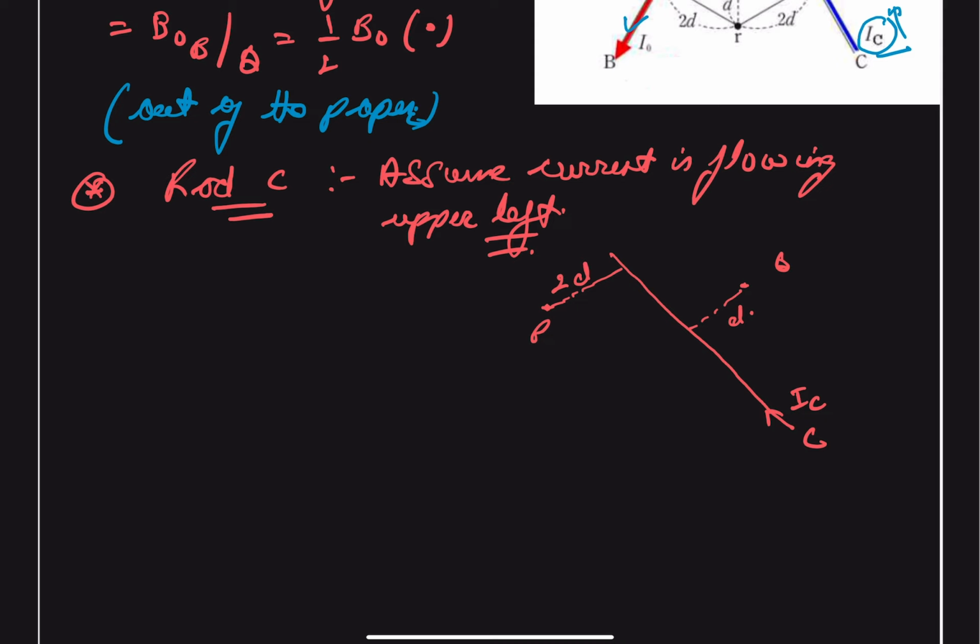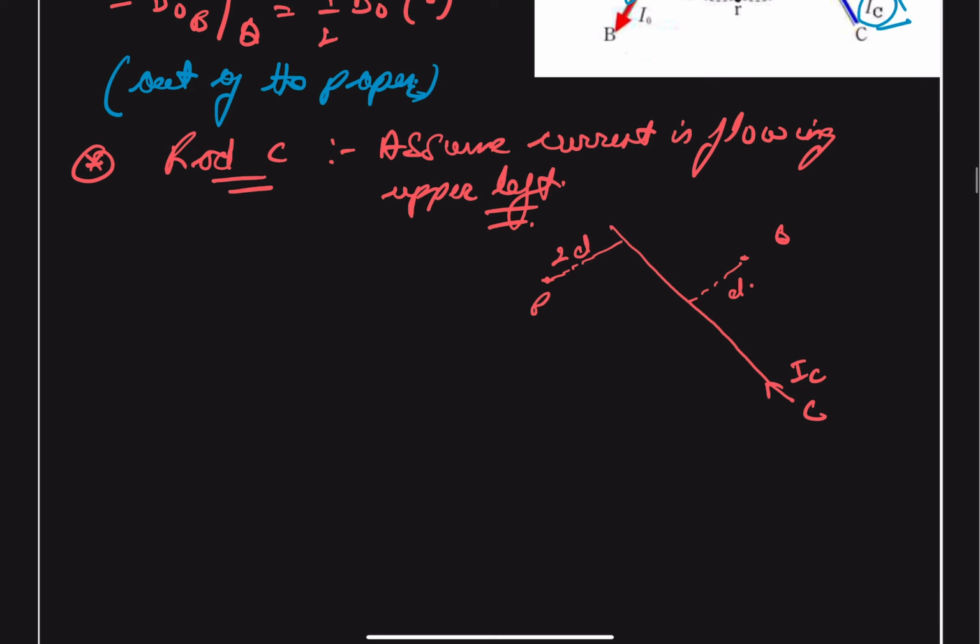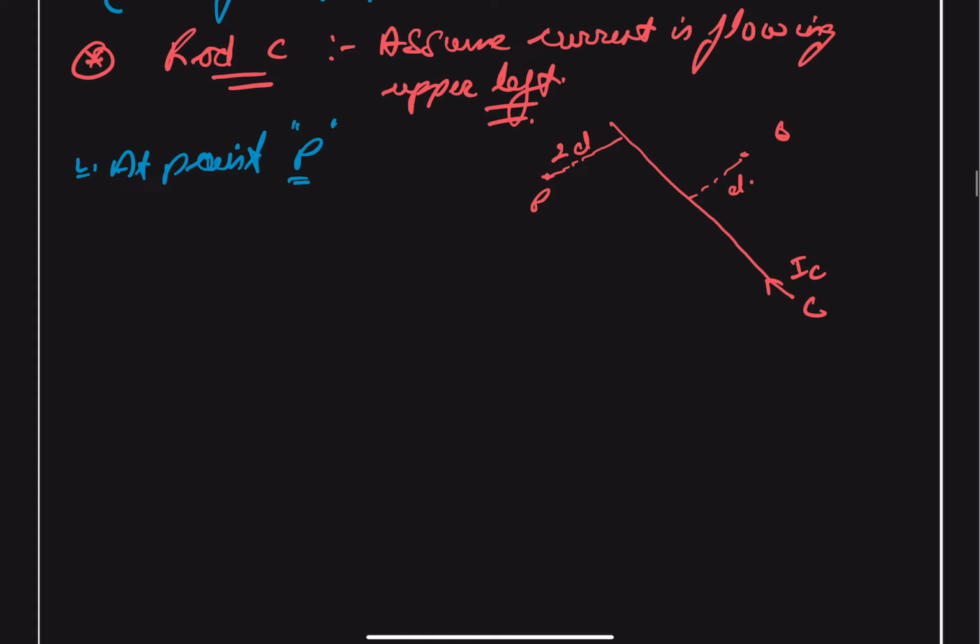So once again, at point P we get B naught C at point P equal to half B naught, and its direction will be out of the paper.